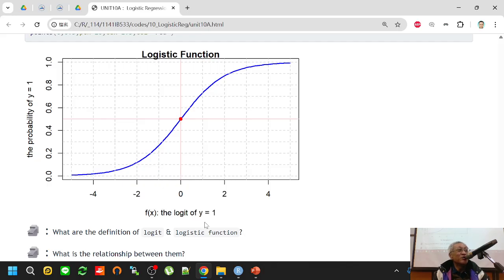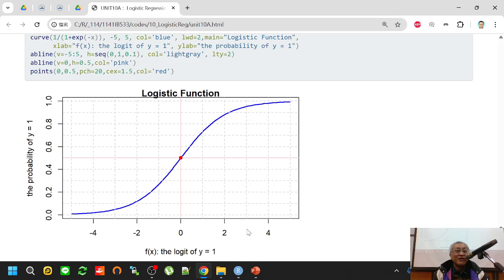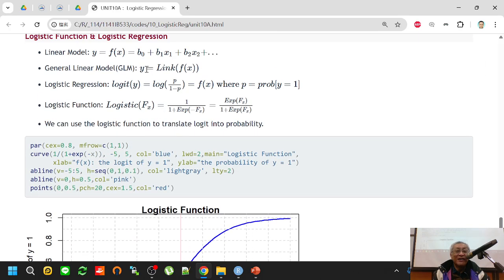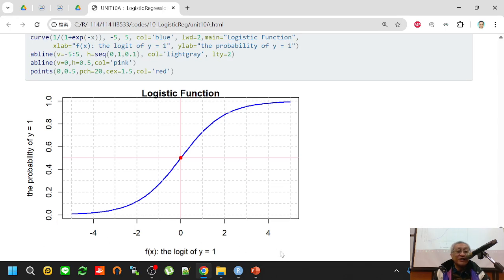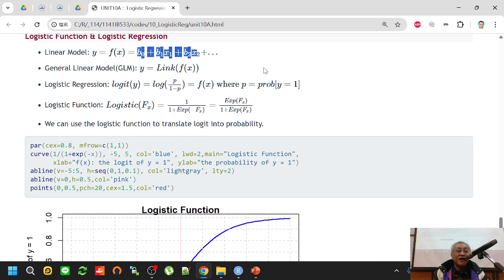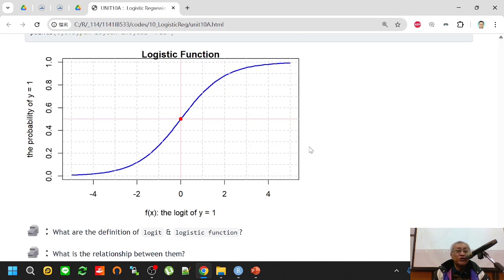Okay, it's actually the linear combination, which means that it's the f of x. So here is the linear combination, and as we can see, the range of that linear combination can expand to minus infinity and positive infinity, right?